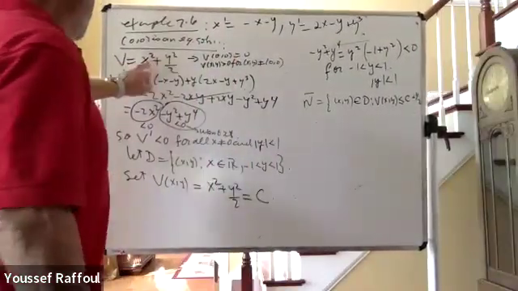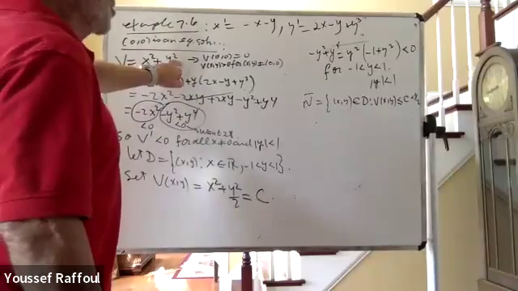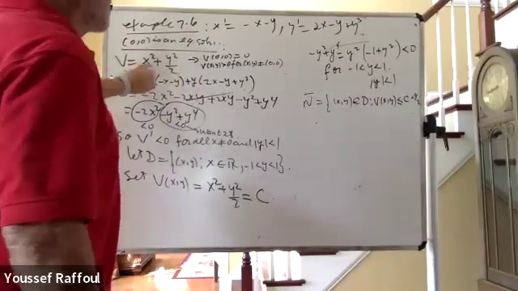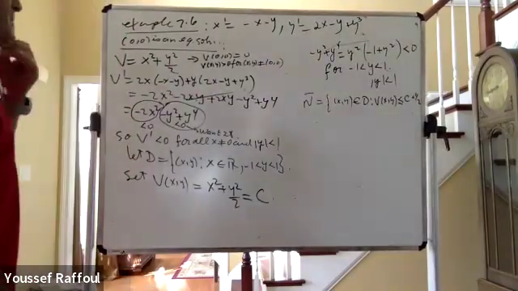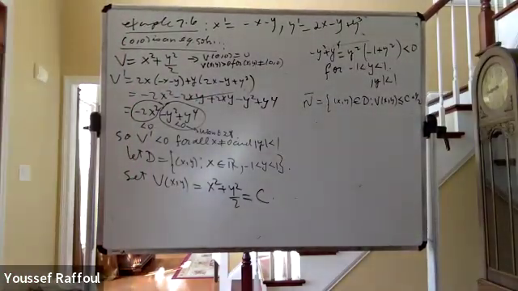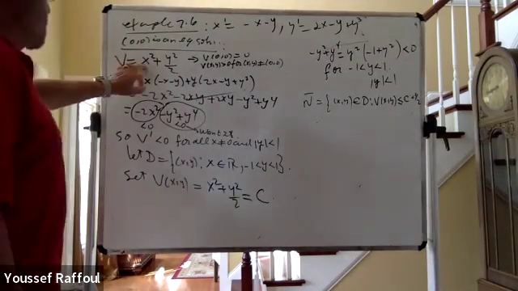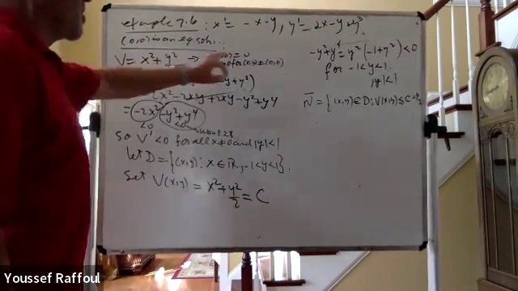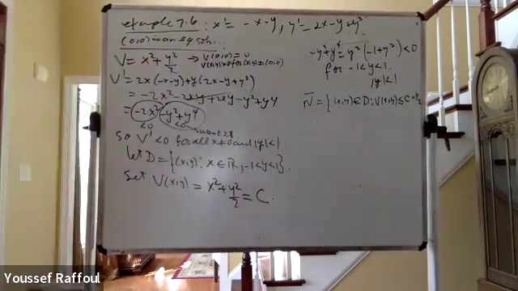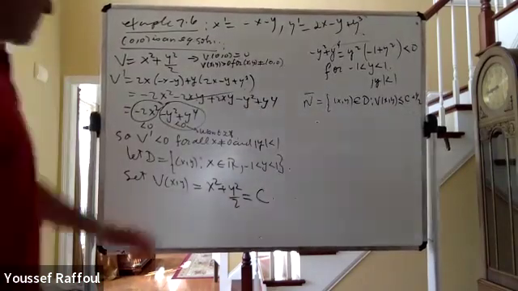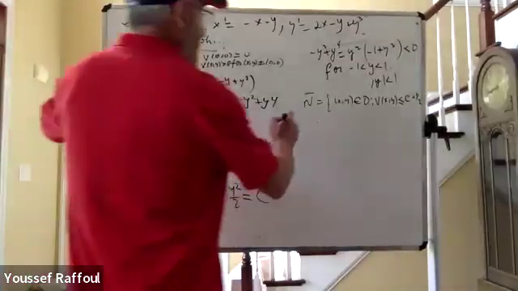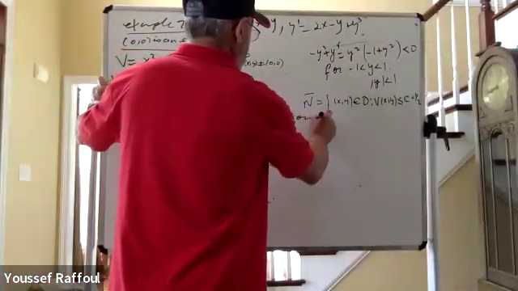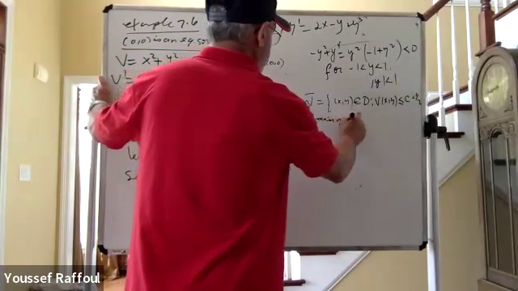Because this will always be less or equal to c, which is less than 1/2. That guarantees that this one plus this one is always less than 1. If I guarantee that, then this is my domain of attraction.